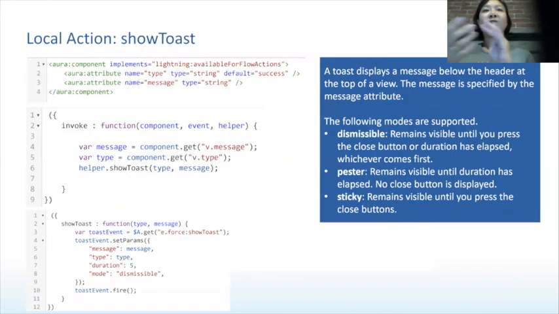Then here's the local action show toast. So here's the component itself. We're setting 2 attributes. There's the type, which by default is set to success. So I didn't necessarily have to, in my flow, set the component type to success since it already defaulted to that.